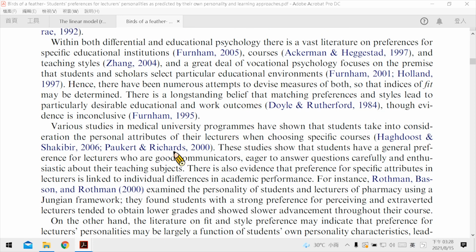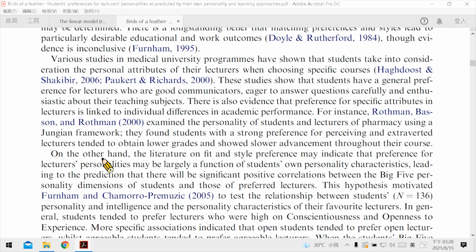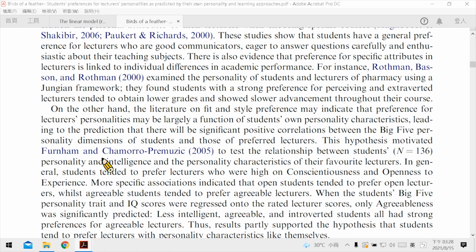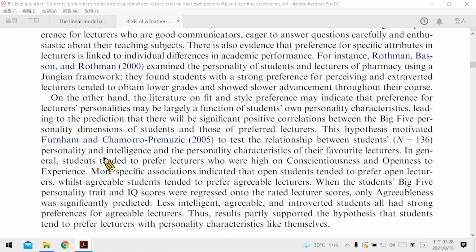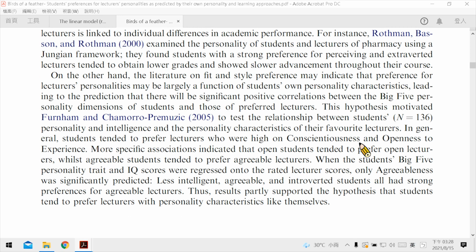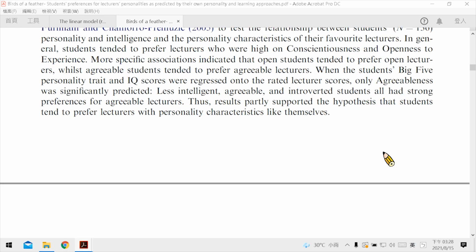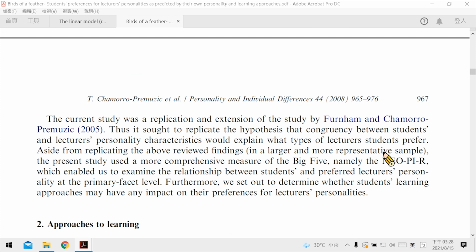You can see a lot of literature, and this study is a replication of this research, replicating the hypothesis there.